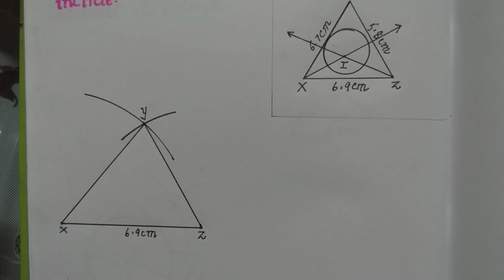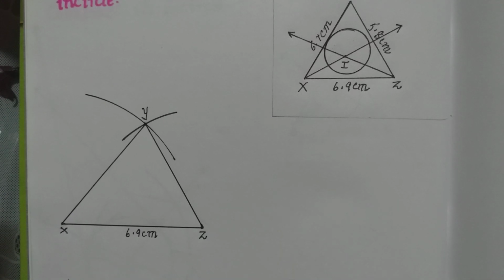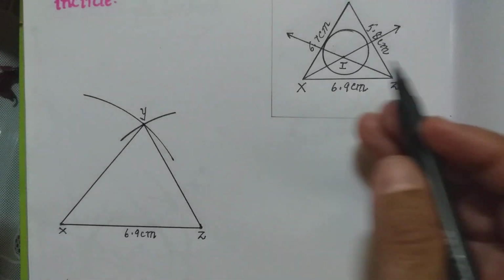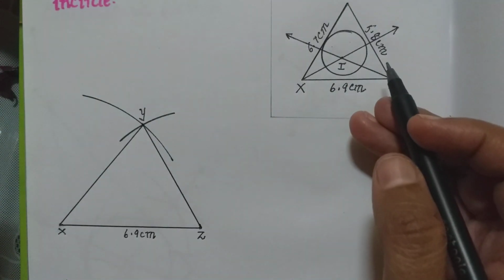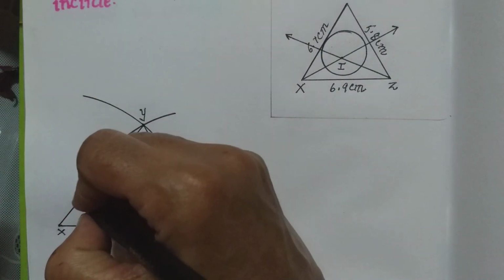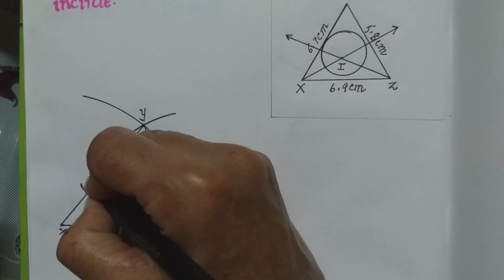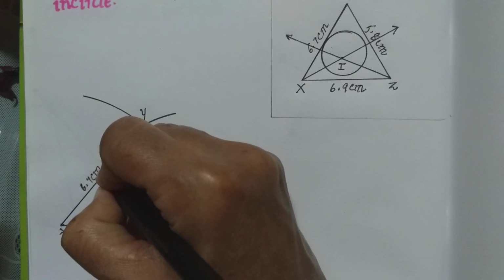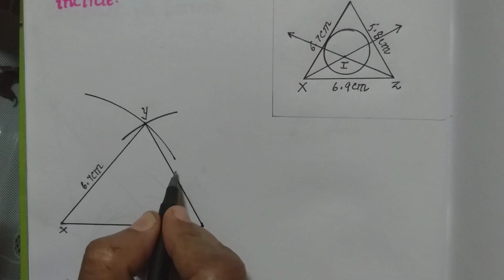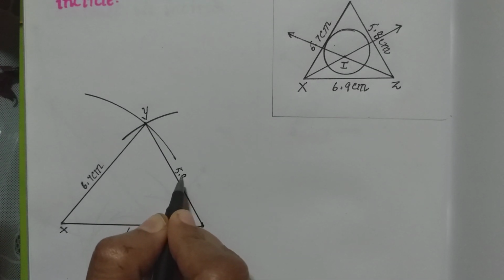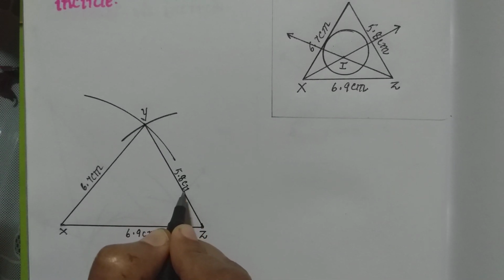Once this is done, now I have to draw the angle bisectors. Now before I draw the angle bisectors, let me write the measurements of the other two sides of the triangle. XY is 6.7 centimeter and YZ is 5.8 centimeter.